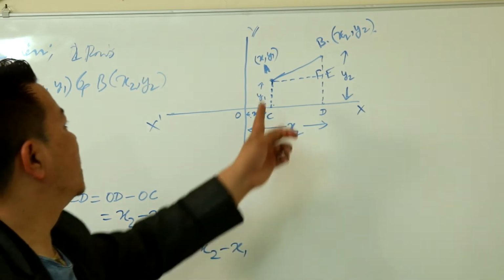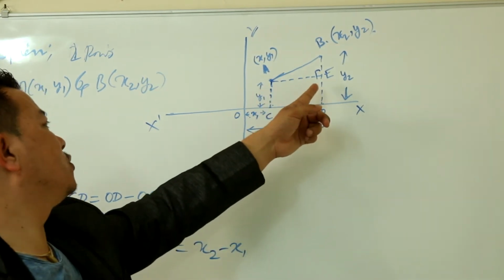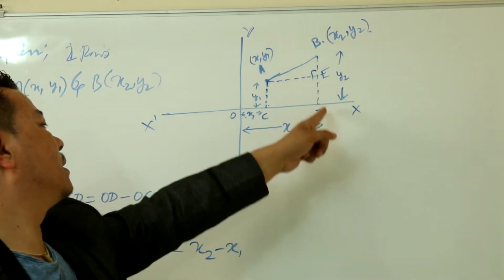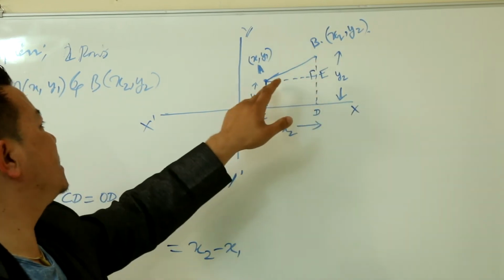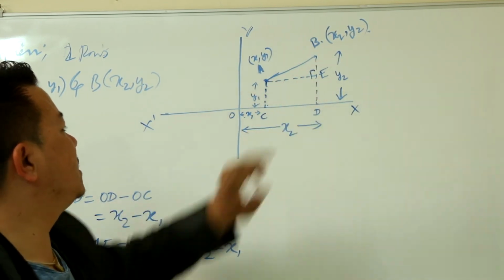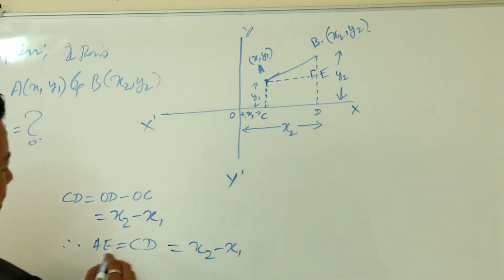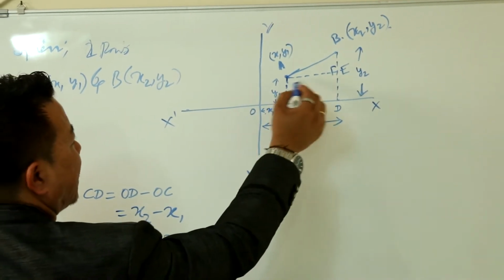Let me remind you, this AE is drawn perpendicular on this line BD, as well as this AE is parallel to CD. So we got this value of AE.